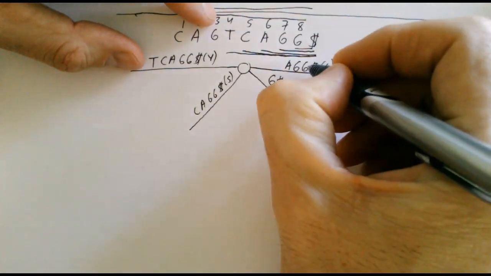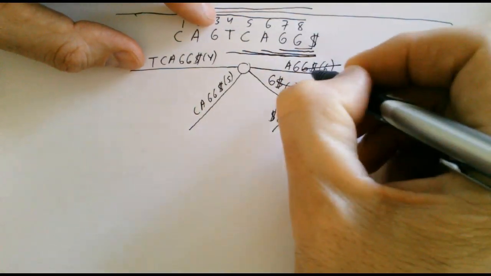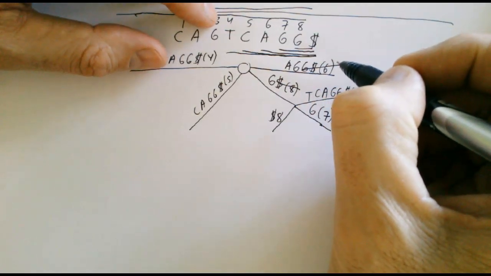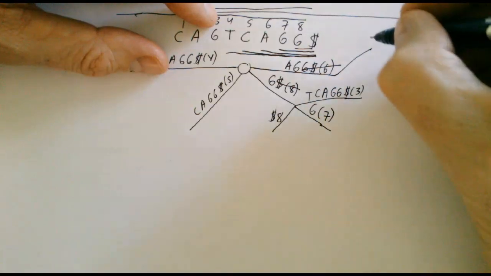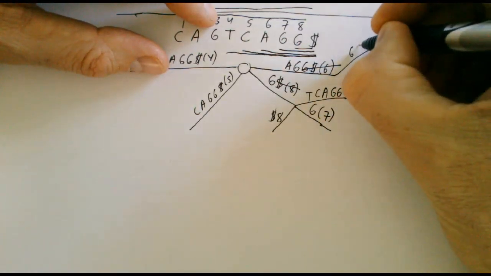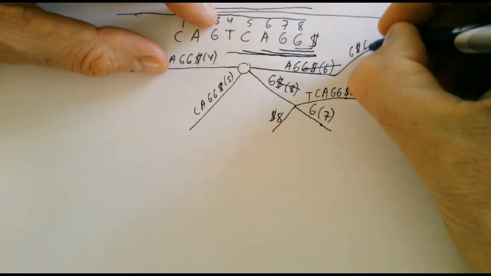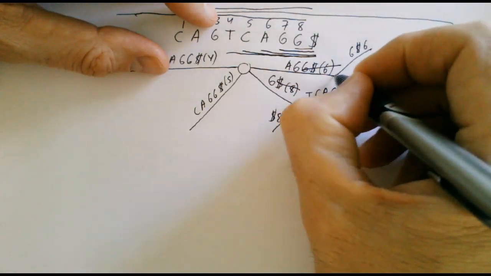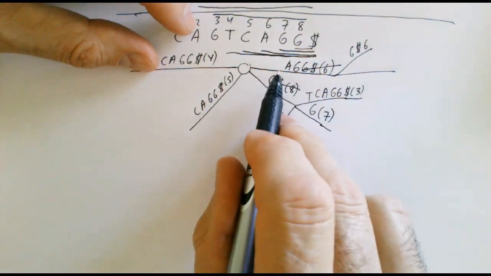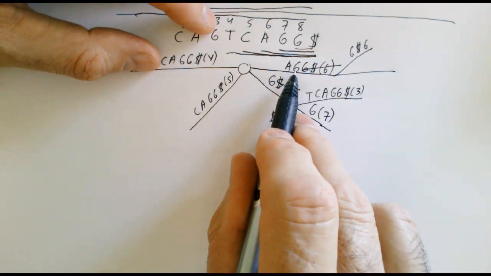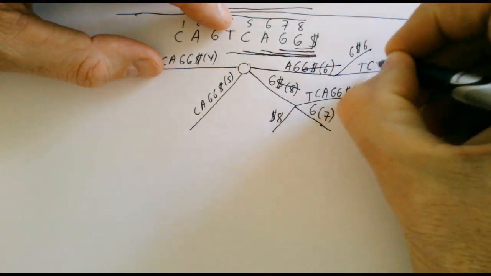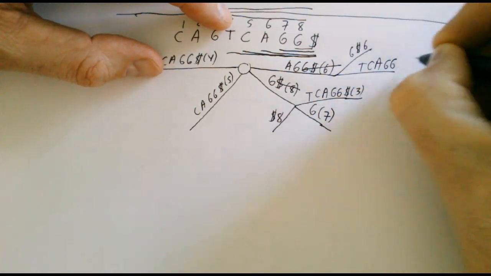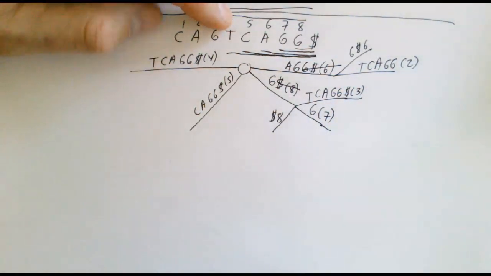So what we have to do is cross this off right here, and that's now got to be its own leaf right there, G $6. All I did was cross it off and move it to its own, because now there's another way we can go, which is AG, and now we can go the rest of it, TCAGG, and that's the second index.